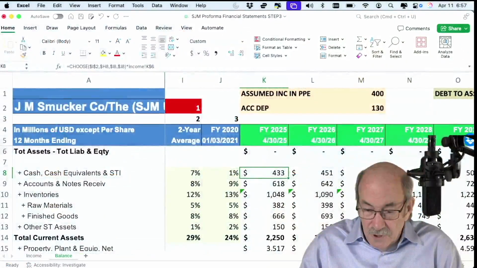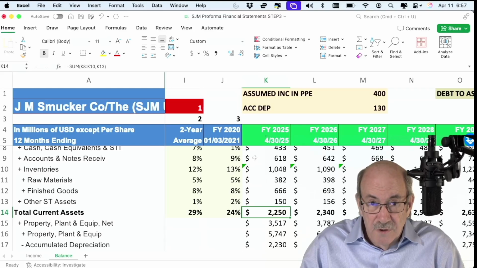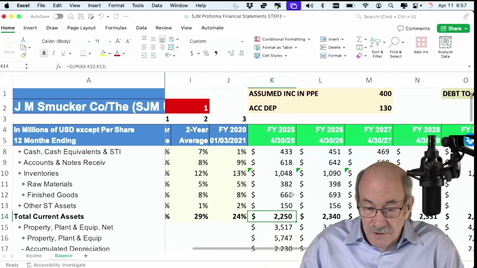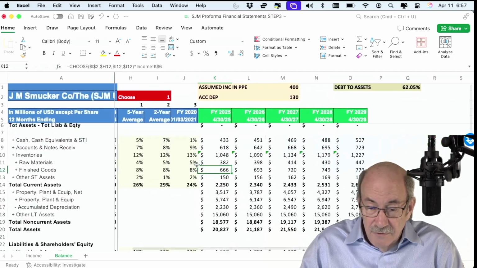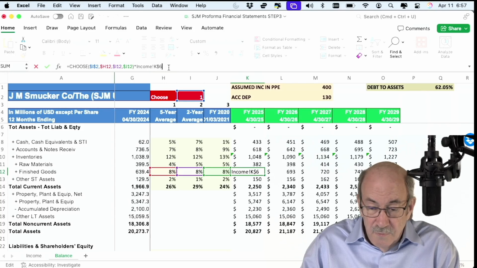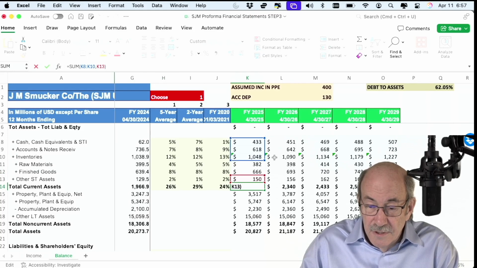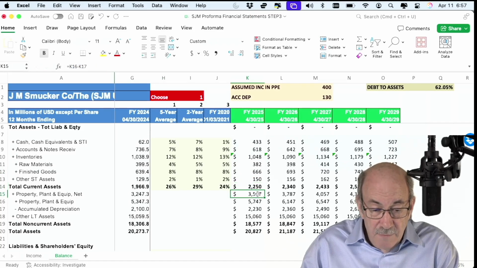And I'd go back in and adjust my subtotals individually. So this subtotal is all the current accounts. Wait a minute. Come on down here. There we go. And then I've got my plant, property, and equipment net.